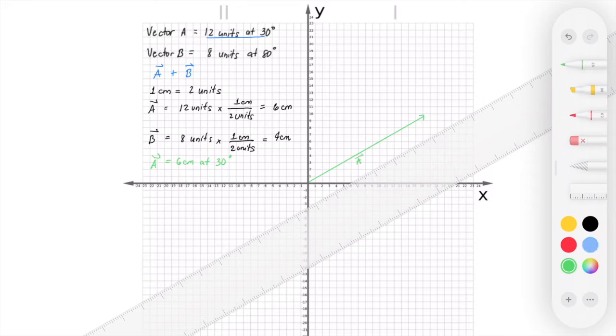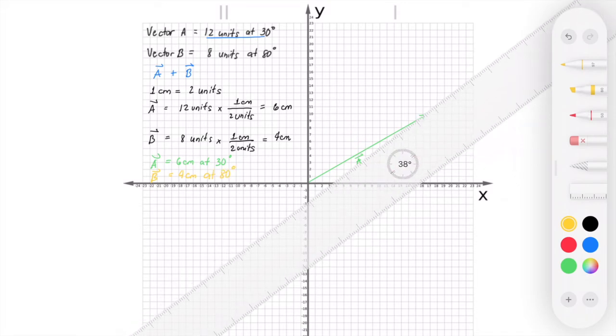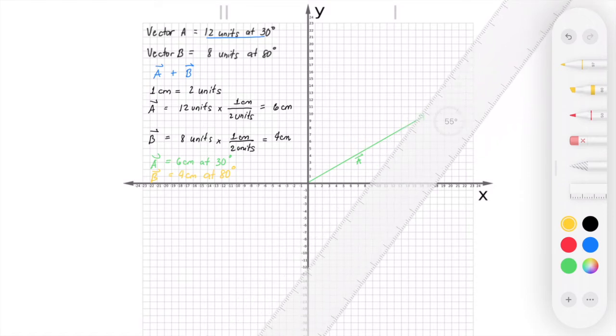Now how about the vector B? Now for the vector B, that would be 4 centimeters at 80 degrees. So here I'm going to use the head to tail method.